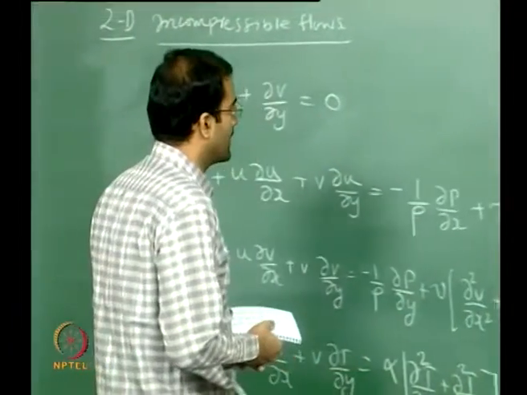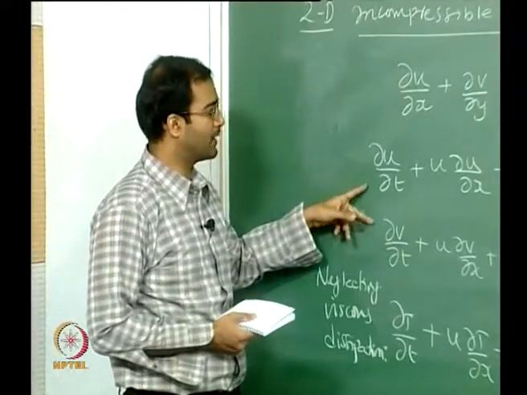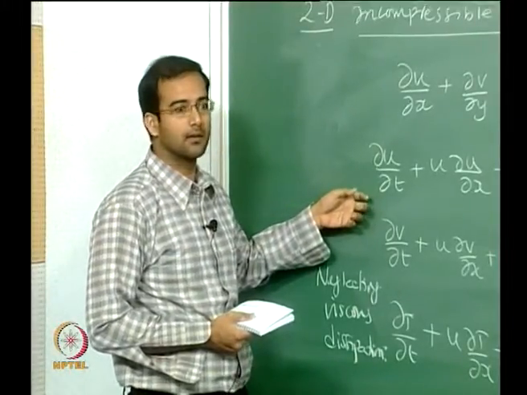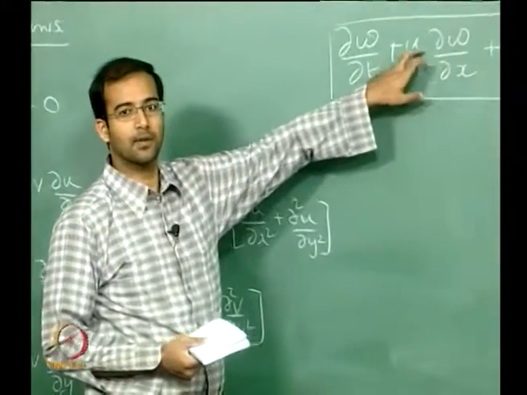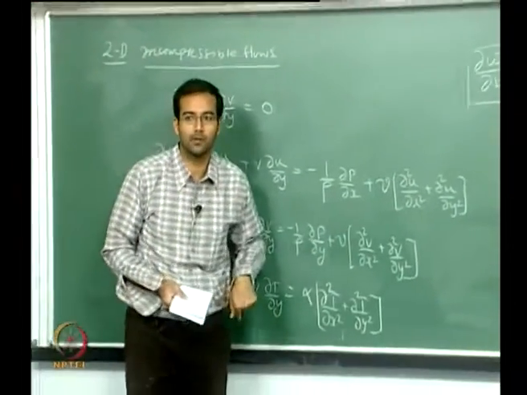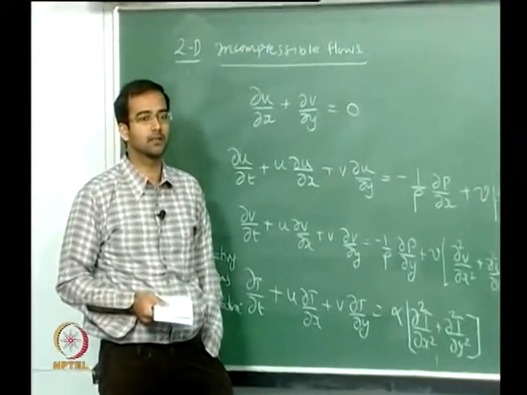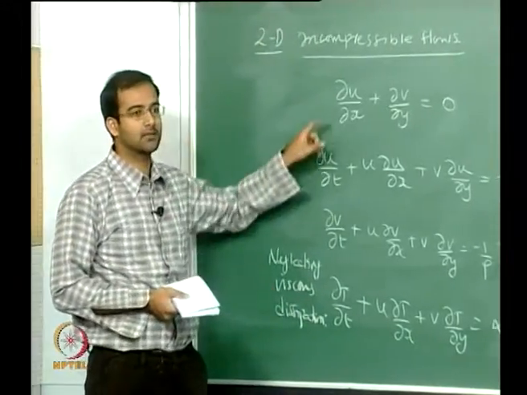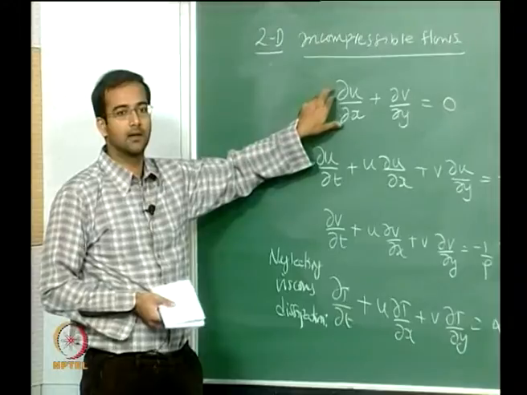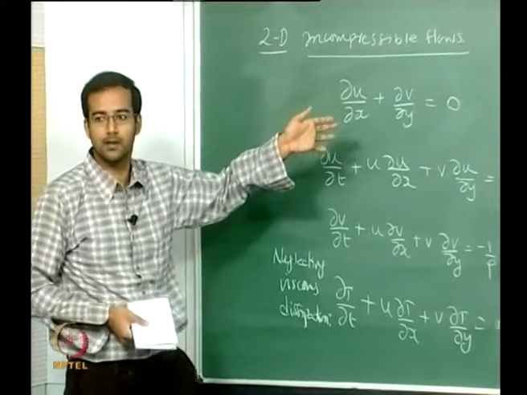Now still we are not done, because we have simplified the momentum equations, but still we have your u and v velocities appearing here, and we have to somehow eliminate them. Stream function. So how are we going to do it? We have to define a function which automatically satisfies the continuity equation, and therefore you don't have to again solve for continuity separately, right?